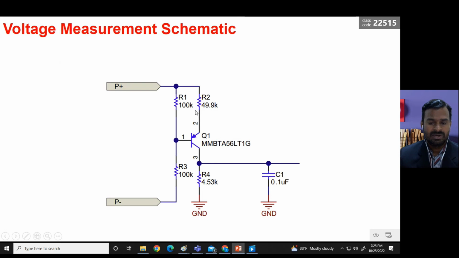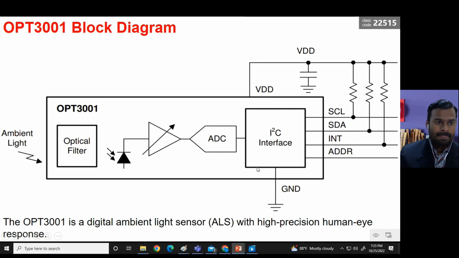Voltage measurement schematics. We need to see the battery voltage, so this is the voltage measurement schematic which we use here in this MPPT charge controller. This is the lighting sensor, based on the ambient light availability. So an optical sensor is given here.